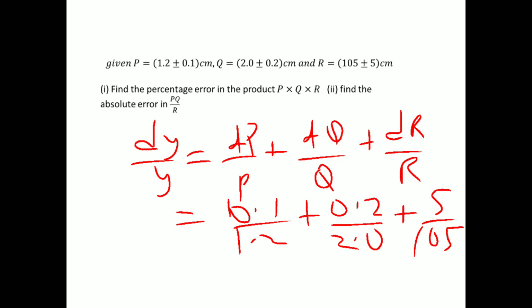Okay, we are going to get 0.23. So that means the error here, the relative error here, is 0.23.